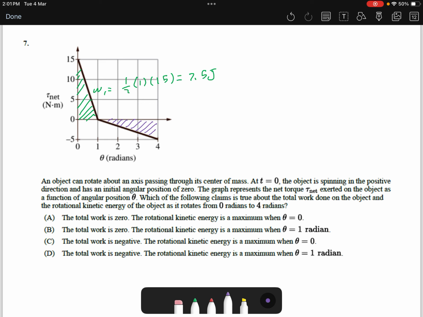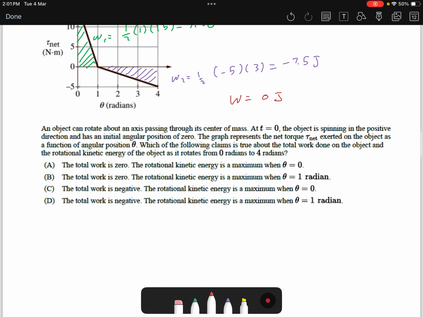Work number 2 equals 1 over 2 times negative 5 times 3, which equals negative 7.5 joules. So the total work is 0 joules because 7.5 and negative 7.5 cancel each other. So the total work is 0, and the answer is B.